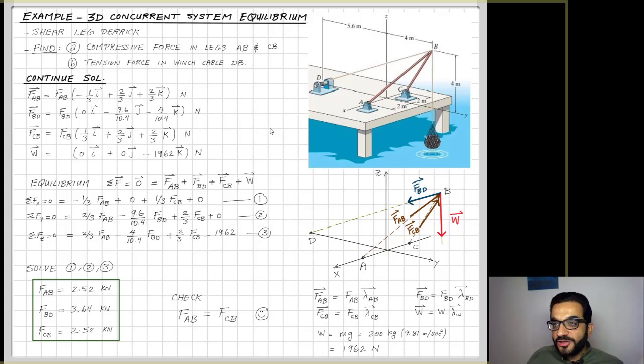So just a heads up, the problems will be a little lengthy in 3D when we deal with non-concurrent systems, when we have to account for equilibrium of moments. So heads up for that, but enjoy 3D equilibrium here and all the vector notations we're dealing with here.